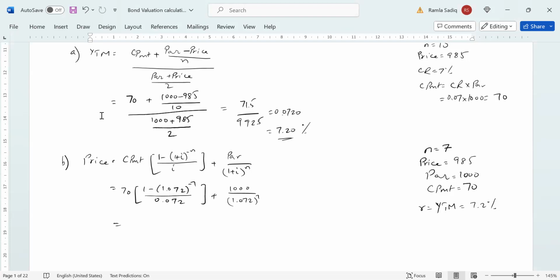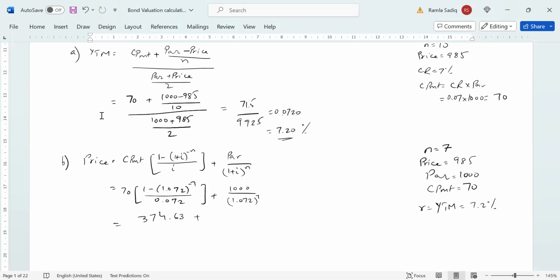All of that is to be divided by 0.072. And all of that is to be multiplied by 70. And so the first component that we get is 374.63. That is the contribution of the coupon payment into the price valuation.